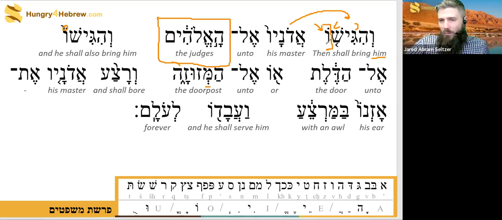But how do you bring this guy to the gods or to God? Is God going to come meet you at the door or the mezuzah? Or is it referring to something else? There are places in the Bible where Elohim refers to rulers, judges. This might be one of them.